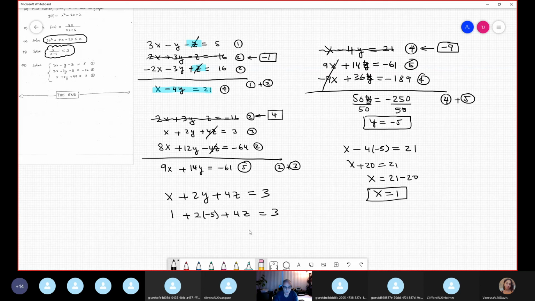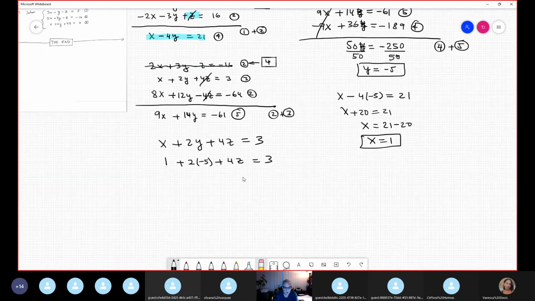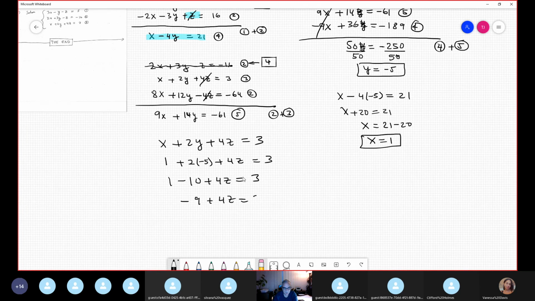Okay, let's do it. So 1 minus 10 plus 4z equals 3. 1 minus 10 is negative 9, plus 4z equals 3. So for z, 4z is equal to 3 plus 9, which is 12. Divided by 4, z is equal to 3, because 12 divided by 4 is 3.